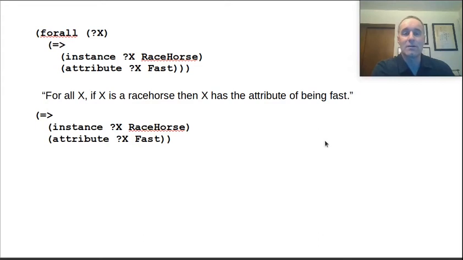So we can actually get rid of that "for all" up front, and the meaning is exactly the same, but it's simpler and quicker to write. It's fewer keystrokes. Why not? So another way to read this is simply: all racehorses are fast. For all x, if x is a racehorse, x has the attribute of being fast. That means if x is a racehorse, then it's fast, or all racehorses are fast. These are various ways in which one can paraphrase the logical expression in English.